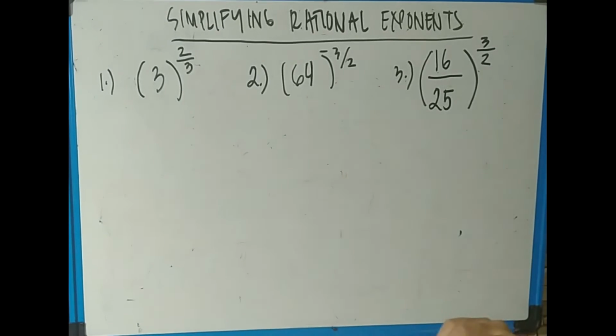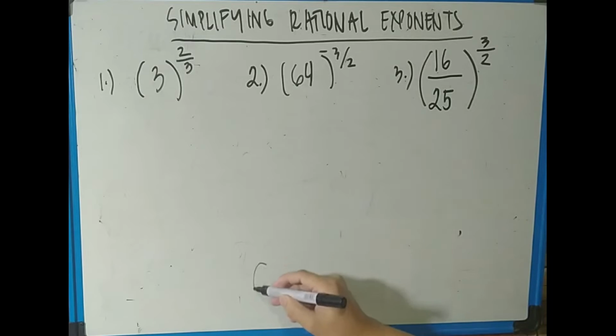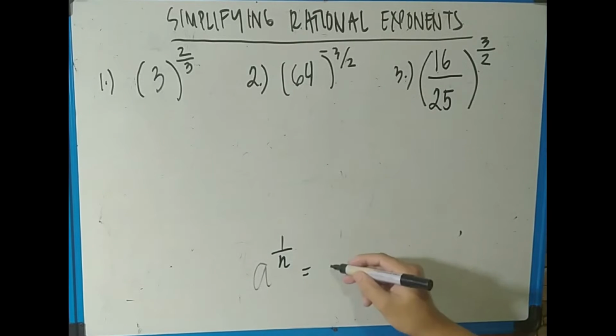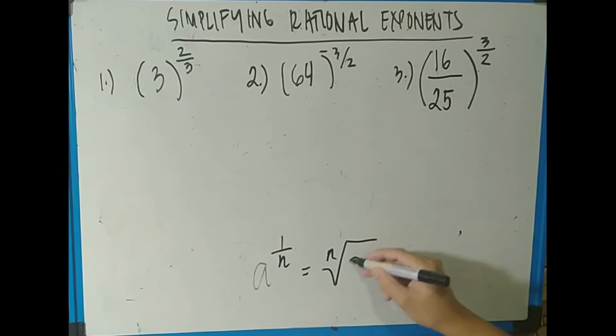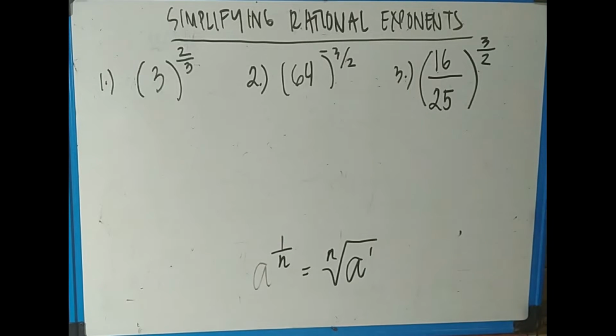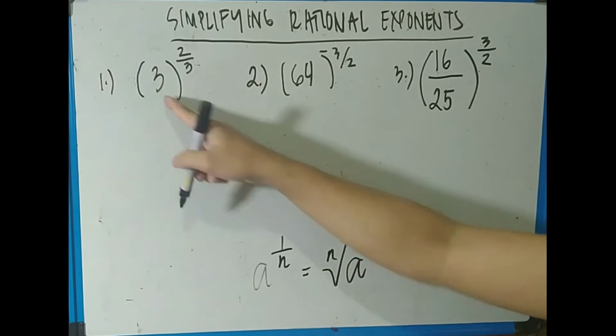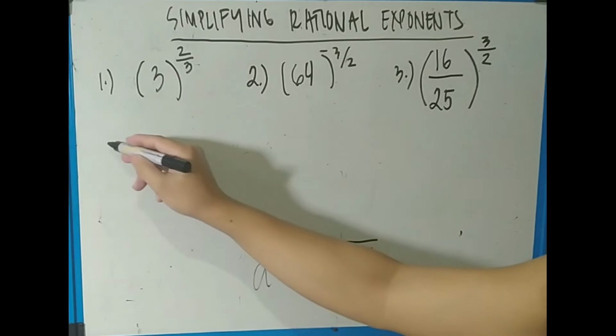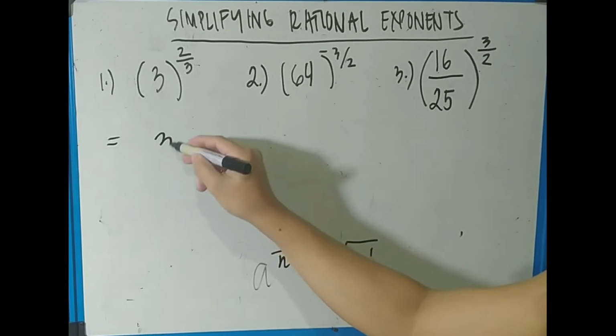Okay, for number 1, we have 3 raised to 2 over 3. So using the 7th law, which is, lagyan natin sa baba, a raised to 1 over n, we have the nth root of a raised to 1. So since ang base natin dito ay 3, ilagay lang natin siya as a here. So we have 3.